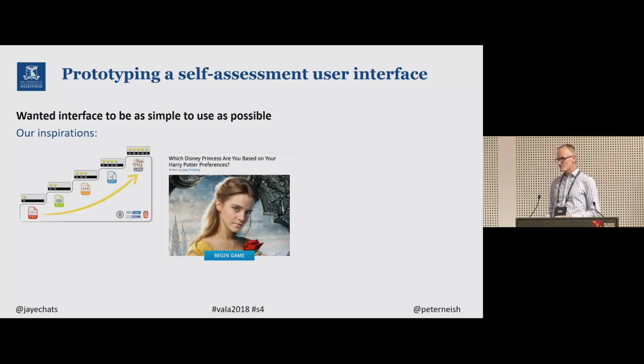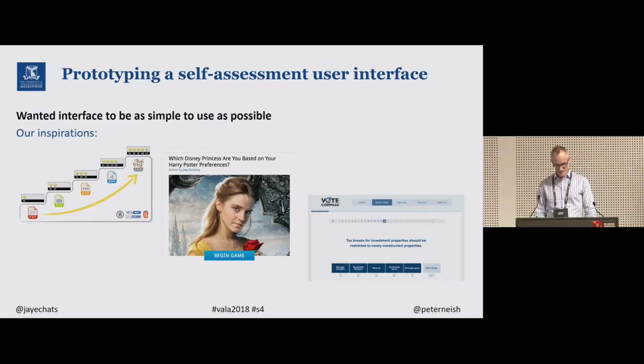You've all got these quizzes on Facebook. You can go through, click, click, click, get an answer. Could we actually design something that was as easy to use as this system? That was our goal. And other systems, things like Vote Compass.